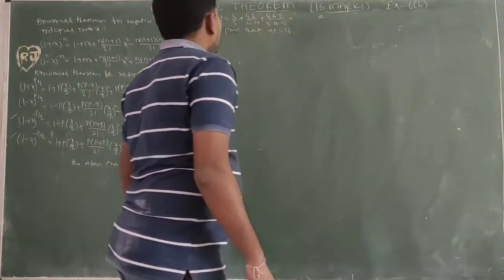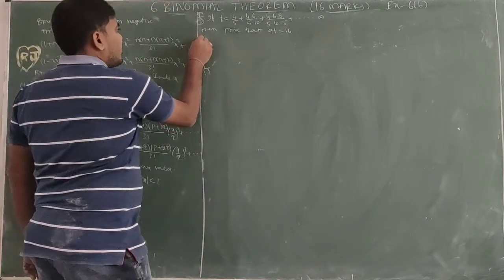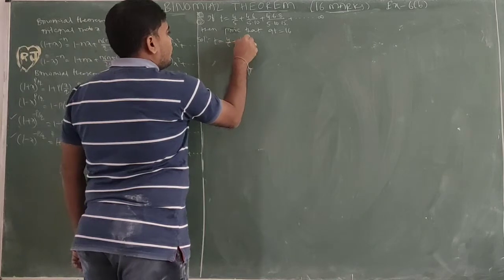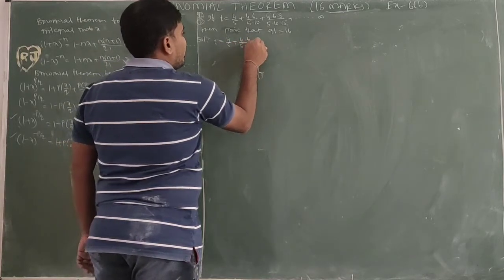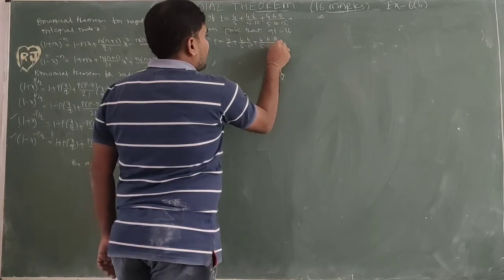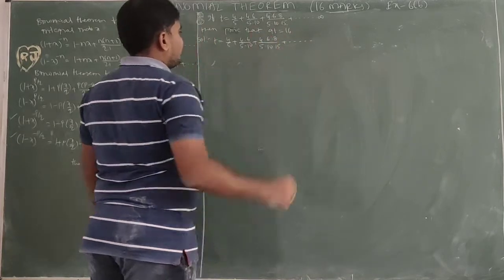Okay, so solution. What is given? T equals 4 by 5 plus 4 into 6 by 5 into 10 plus 4 6 8 by 5 10 15 plus, up to so on.